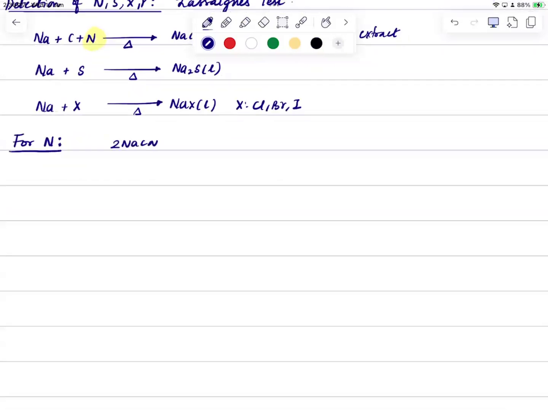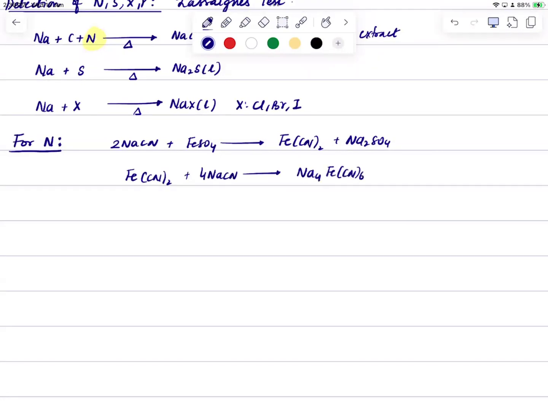2NaCN, you add it with FeSO4, correct? First, it will become Fe(CN)2 plus Na2SO4. And on excess amount of NaCN here, this will convert into Na4[Fe(CN)6].